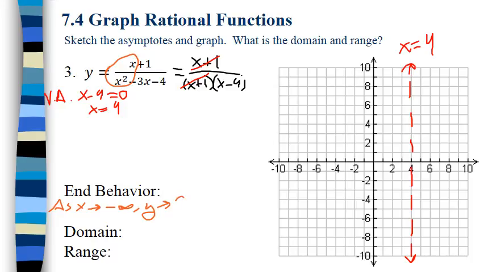As x goes to positive infinity, you're going to have a really, really small number over a really, really big number, so y is going to go to 0. Okay, so we know we have a horizontal asymptote at y equals 0, so we draw that in.